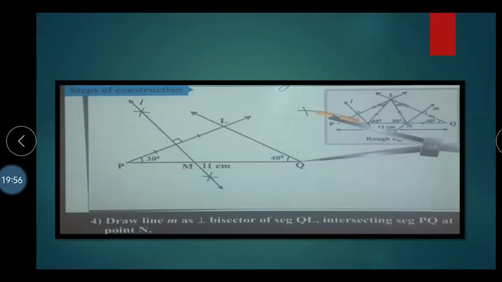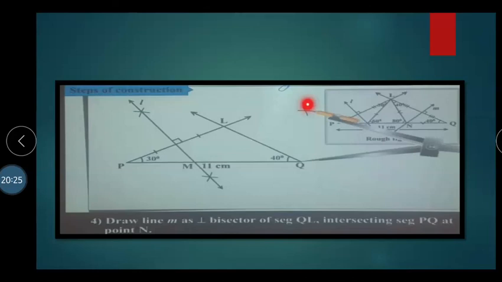Now, draw the perpendicular bisectors. First, you will draw a perpendicular bisector of seg PL, that is line L. It will meet PQ at point M. The next step, you will draw the perpendicular bisector of seg LQ.